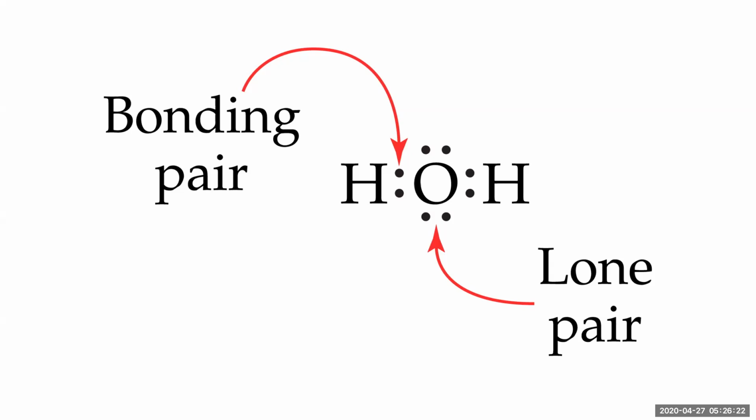Here is a figure of water with a molecular form of H2O. It shows the 2 bonding pairs and 2 lone pairs on the O atom in water's Lewis dot structure.